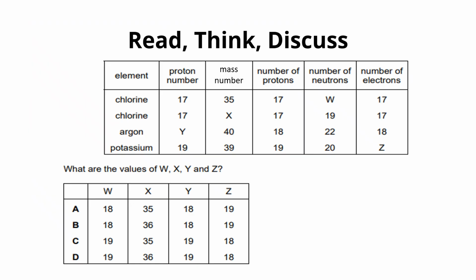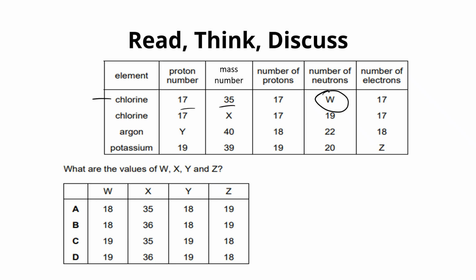Read this, think about it, and discuss with yourself if you're watching the lecture. What are the values of W, X, Y, and Z? We can see that W is the number of neutrons here. For this chlorine, it gives us a mass number and a number of protons.